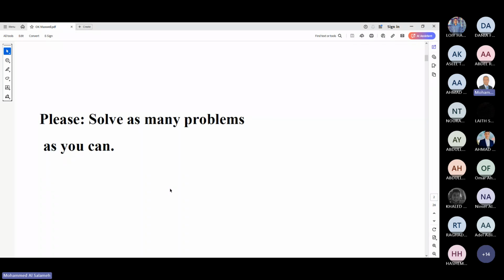Please solve as many problems as you can. Please read this and implement it, not only read it. Because in any course, if you do not solve problems, you cannot solve problems at the exam. I hope that solution of problems will not be the first time you see in your exam.